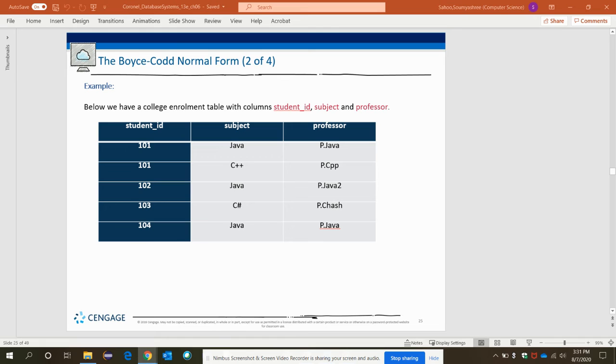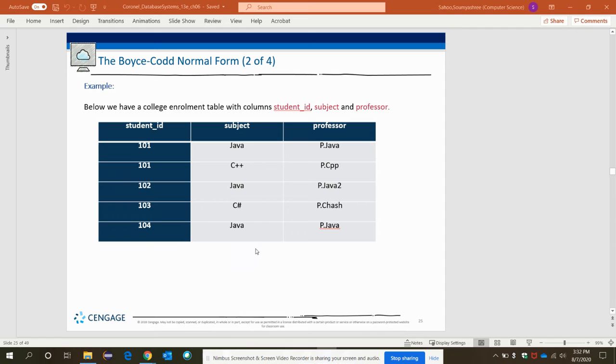Let's see this example here. For this relation: student ID, subject, and professor. This is a college enrollment table with these three columns. Just look at the table and think about what the functional dependencies are here. You see some of the duplicate data is available in all three rows. Can I say student ID and subject together can determine professor?